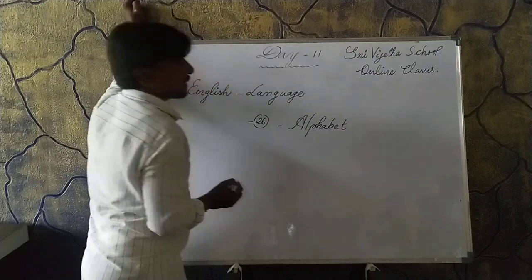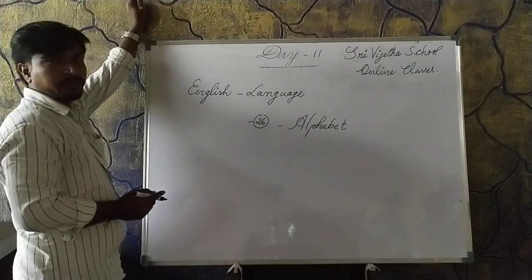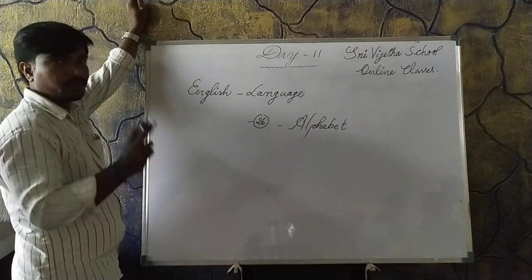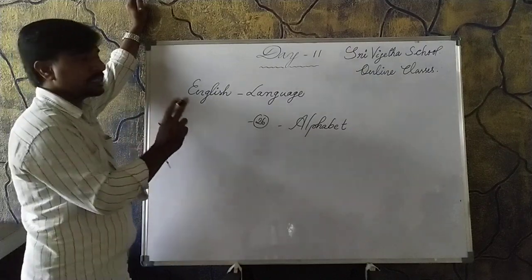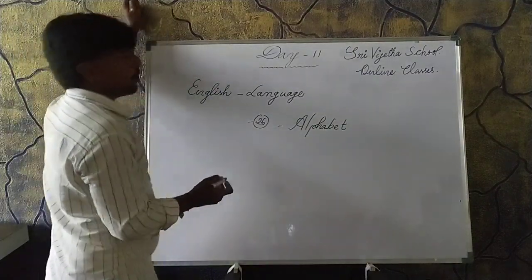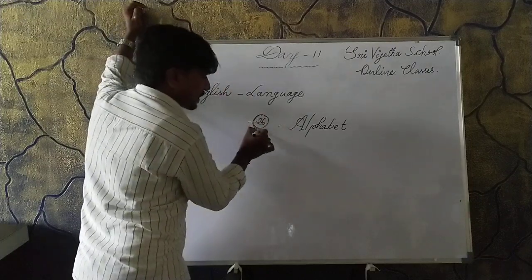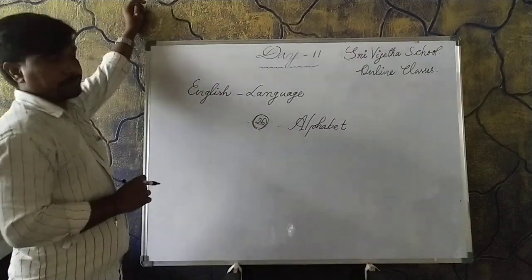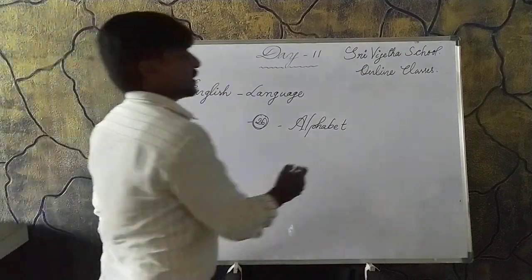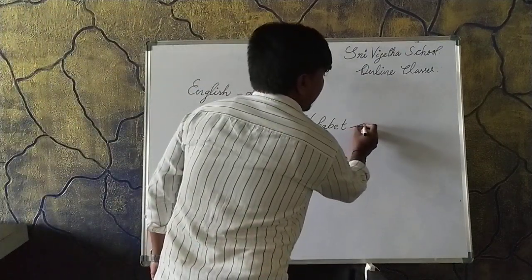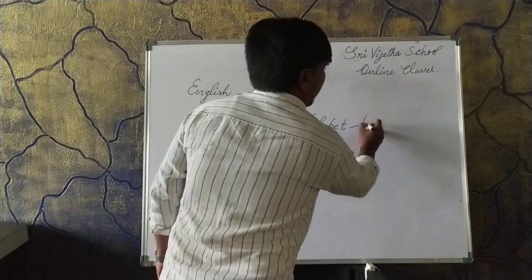These 26 letters are called alphabet, not alphabets, only alphabet. The name comes in singular only. So it is called the English letters. The alphabet can be divided into two types.